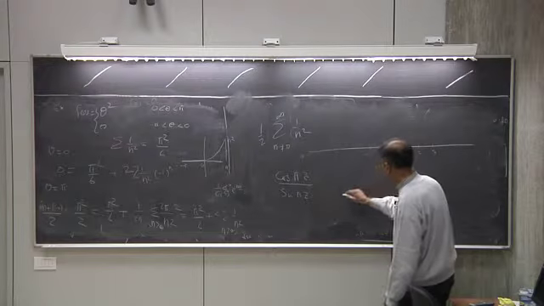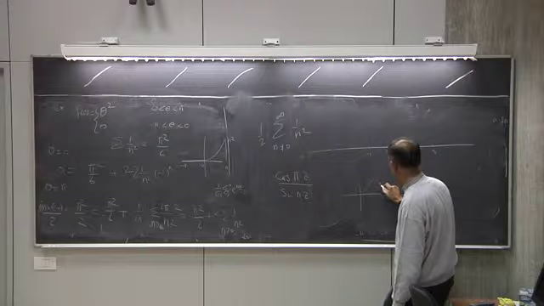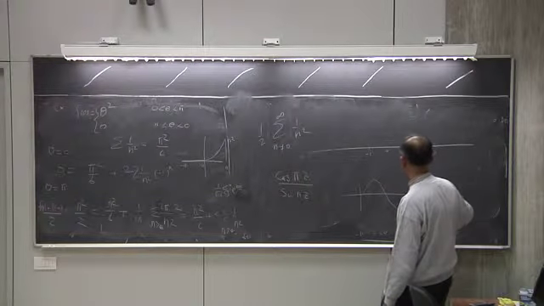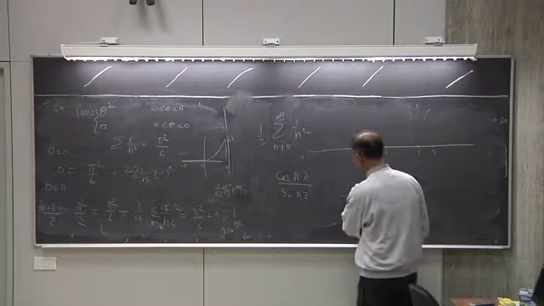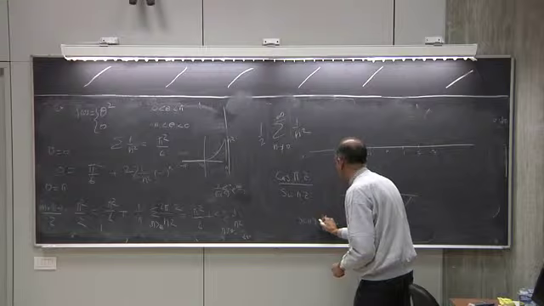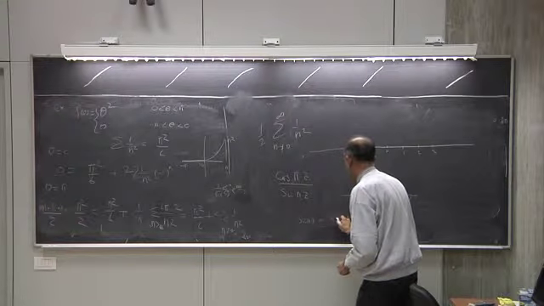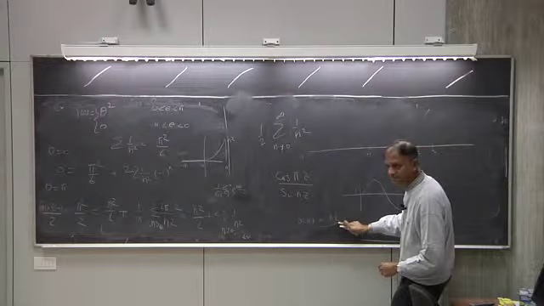Let's say z is on the real line. The sine function is like this, and it keeps going like that. So near z equal to 0, sine pi z is approximately equal to pi z. There are series, but the leading term is that.